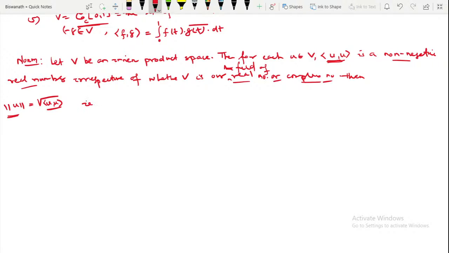So norm of u is nothing but the positive square root of the inner product of u with itself.